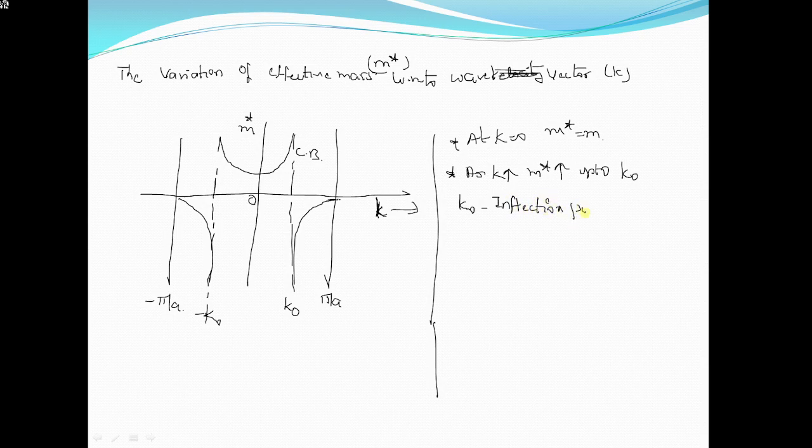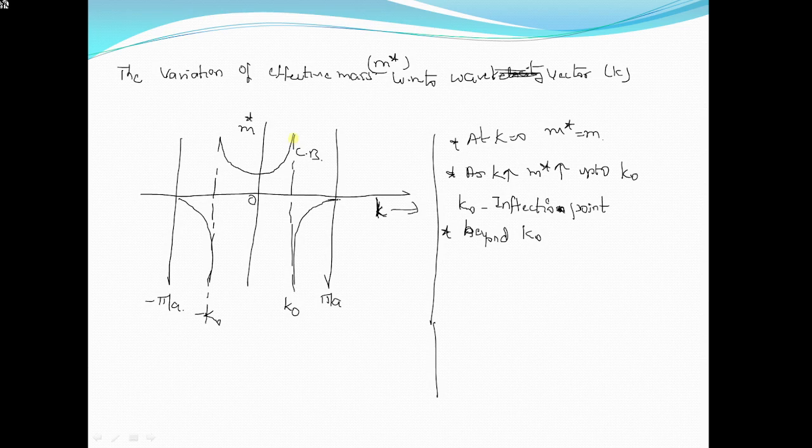So below k naught it is increasing, reaching its maximum value.